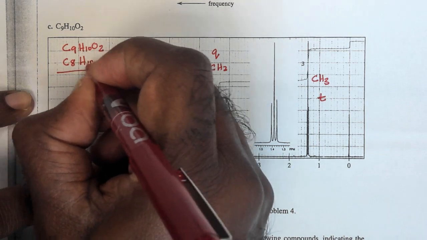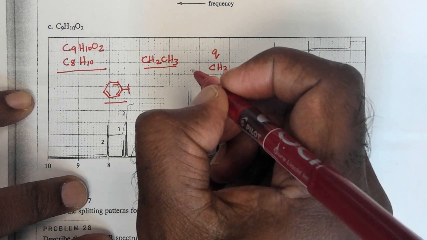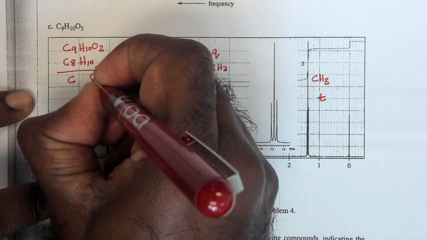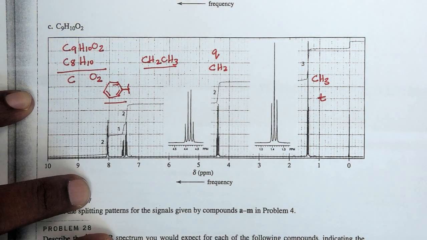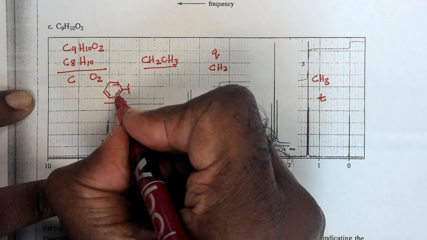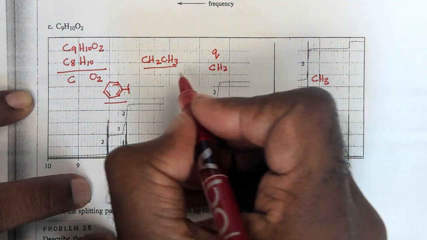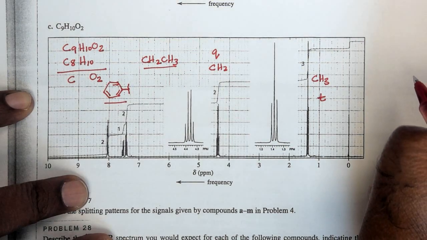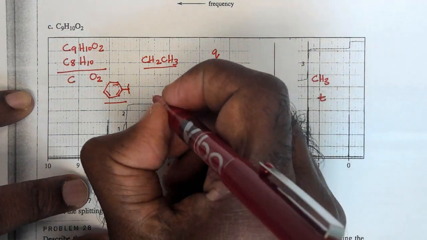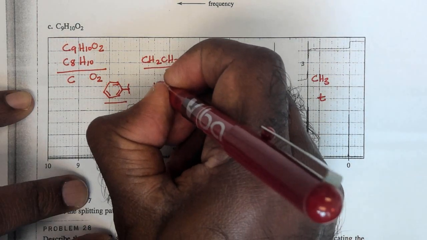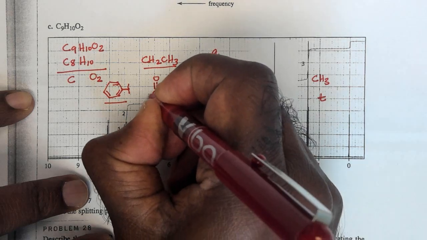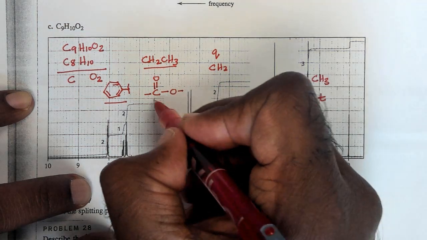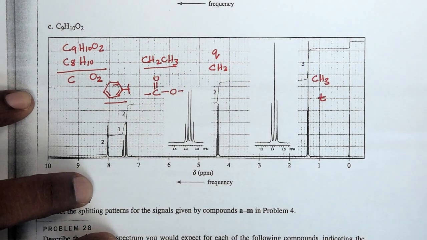If I subtract what I have from the fragments from the molecular formula of the molecule, I get C, no hydrogens, and 2 oxygens. So I now need to join this aromatic ring together with this ethyl group here and somehow incorporate a carbon and 2 oxygens. I would probably need to have this ester type of group that satisfies the valencies for all carbons and oxygens.